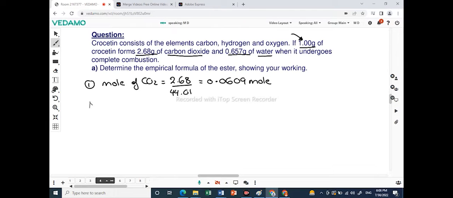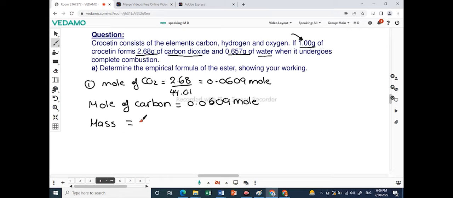Now we know also that the mole of carbon will be exactly the same as the carbon dioxide, so it will be 0.0609 mole number.